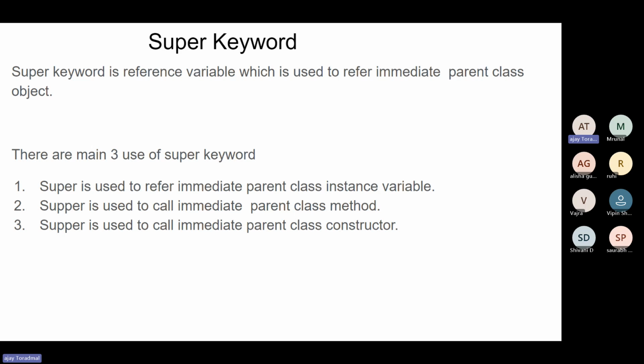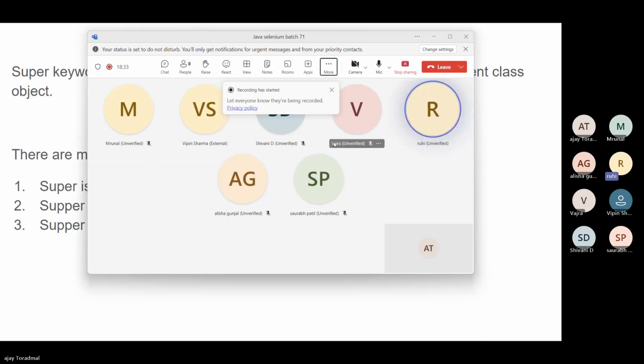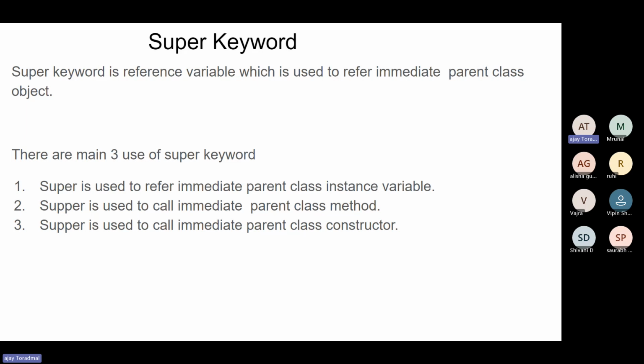Yes, a variable which is created within the class but outside the method is called an instance variable. Now, super is used to refer to the immediate parent class instance variable.